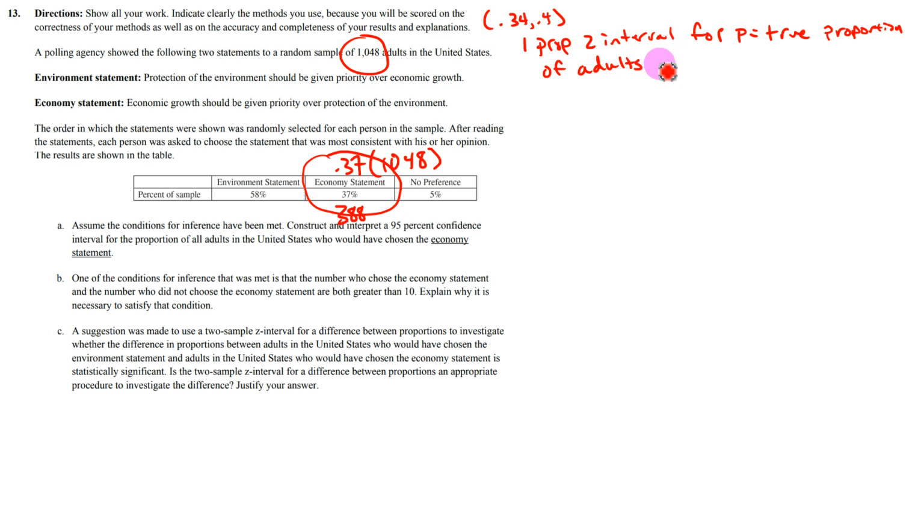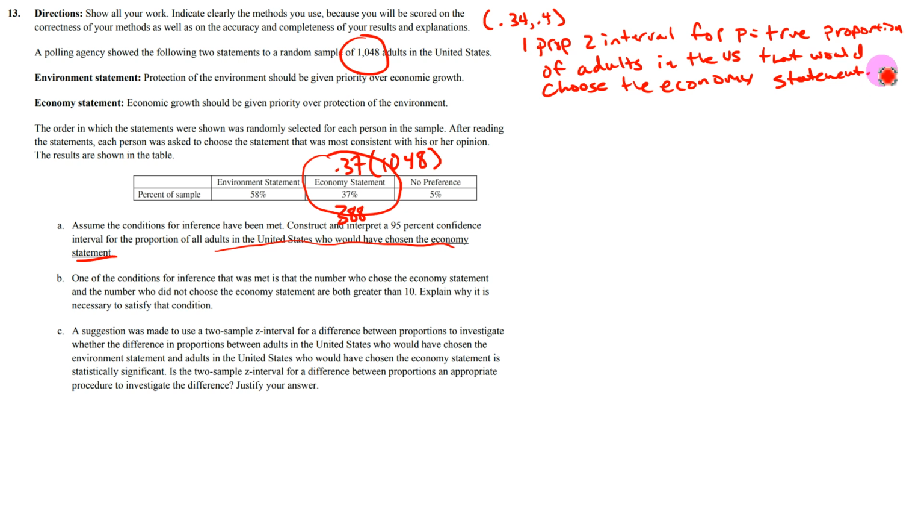Okay, economy statement, of adults in the U.S. that would have chosen the economy statement at 95%.